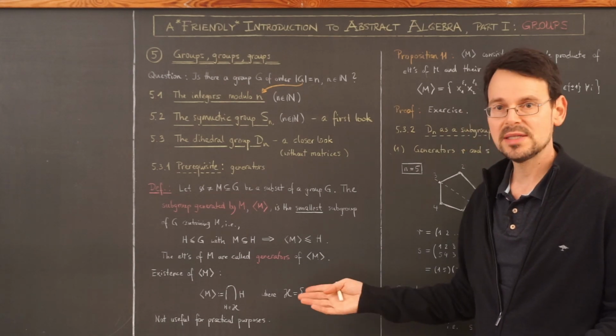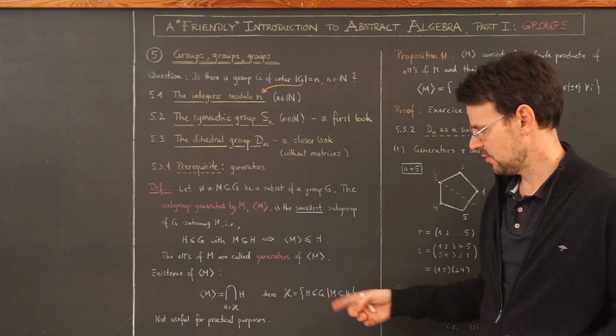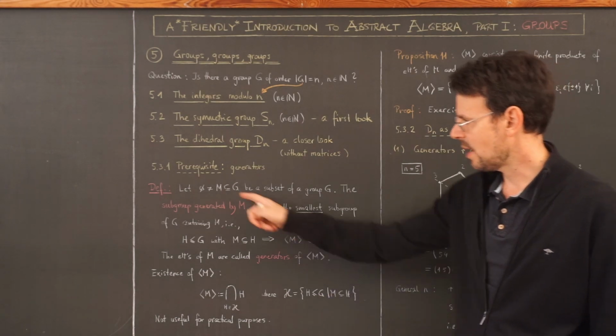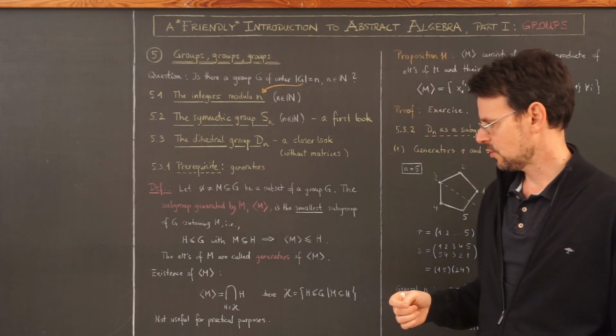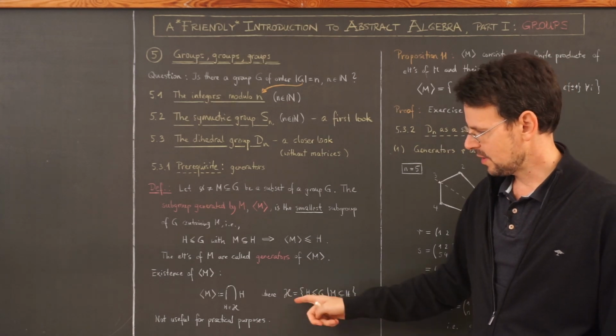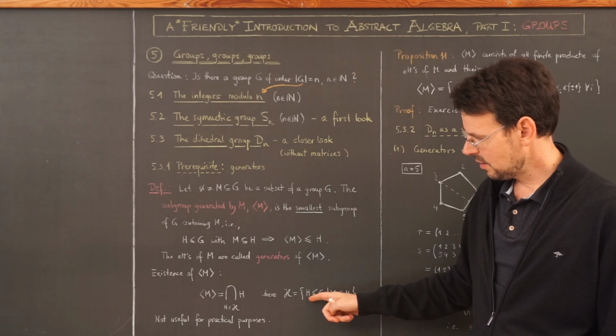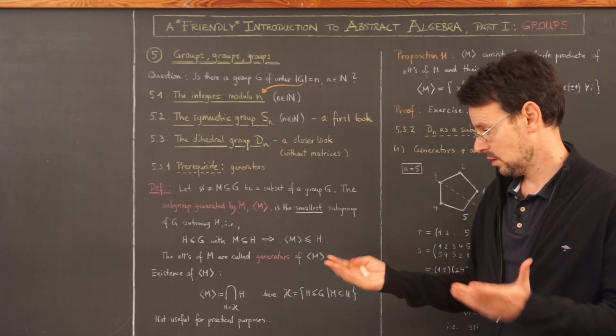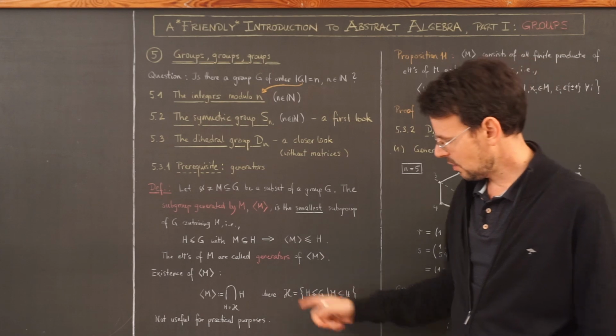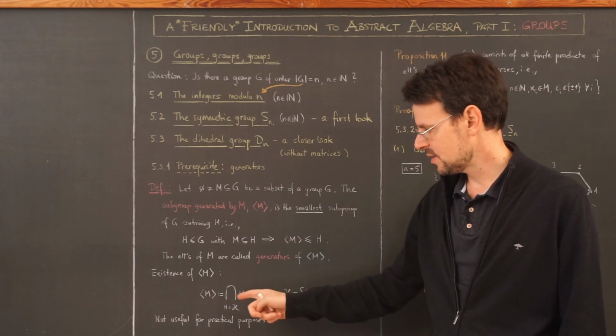Why? Because G itself is a subgroup of G that clearly contains M by assumption. Now we take all the subgroups that lie in here, which could only be G in an extreme case, and then we intersect them.